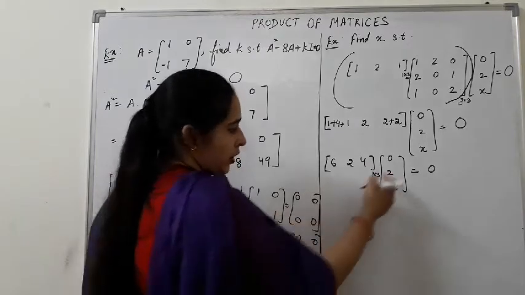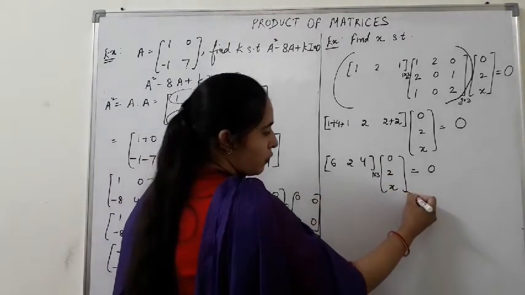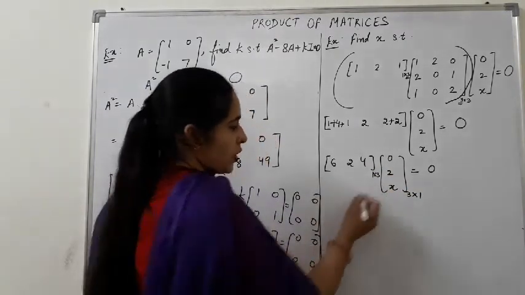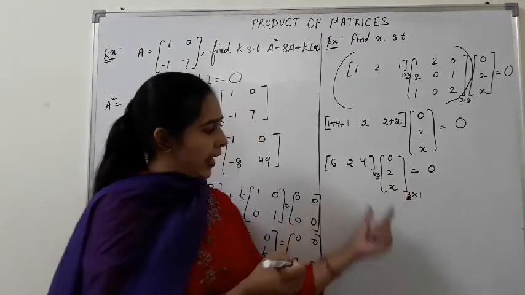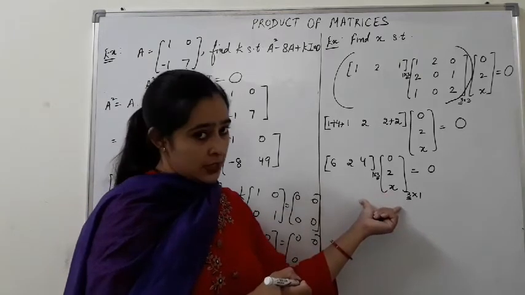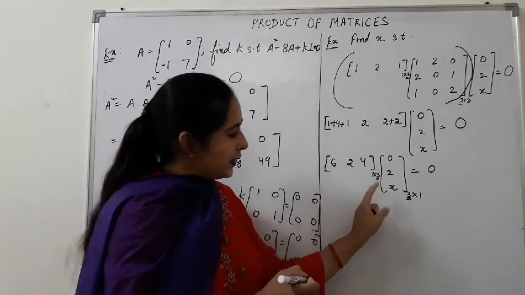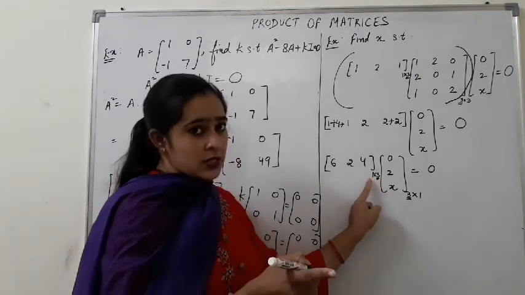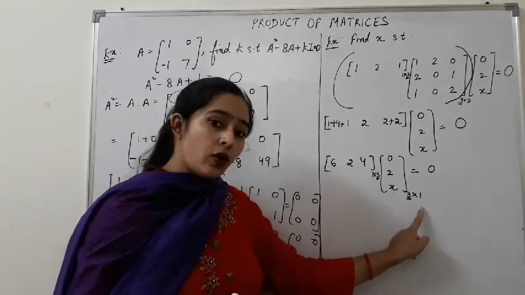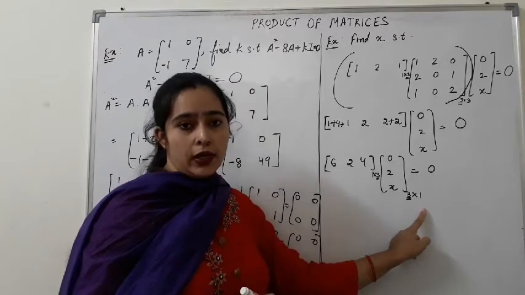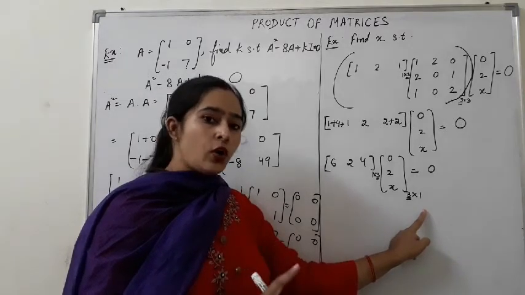Here number of rows is 3, number of columns is 1. So here number of columns is 3, here number of rows is 3. We can multiply these two matrices, and you can see that the product matrix will be of order 1 by 1. 1 by 1 order means we have only one row, one column.